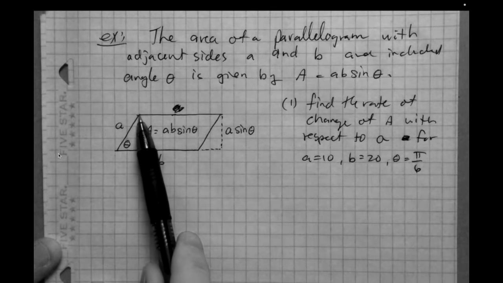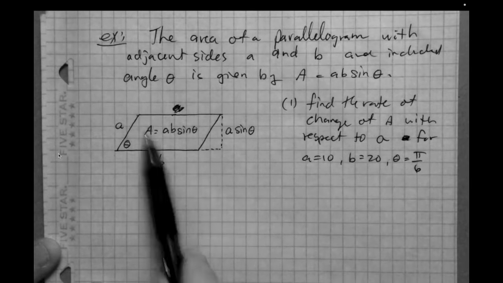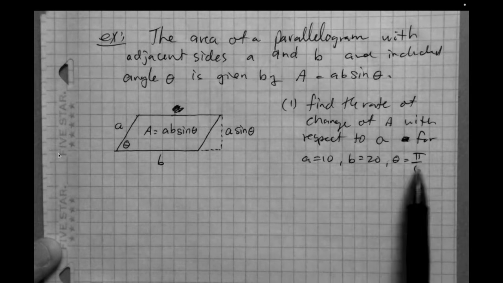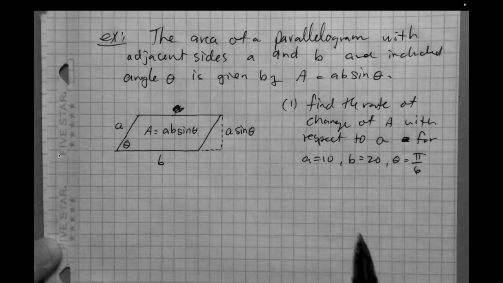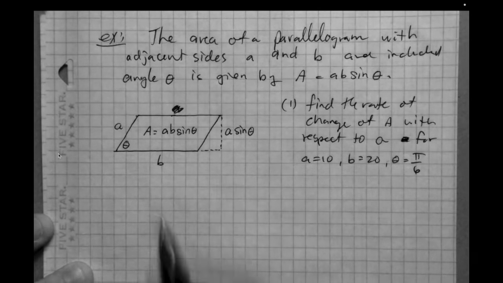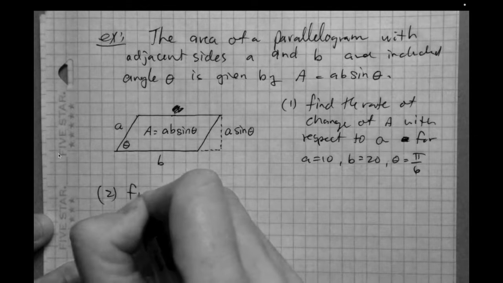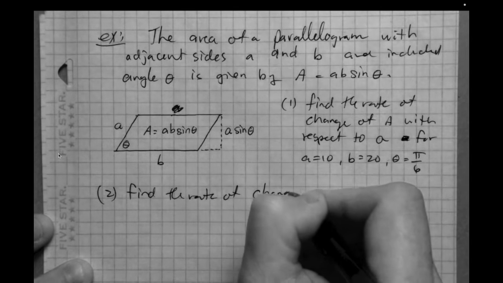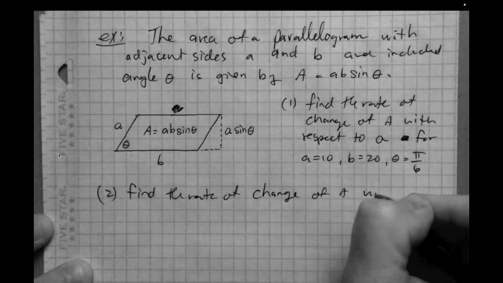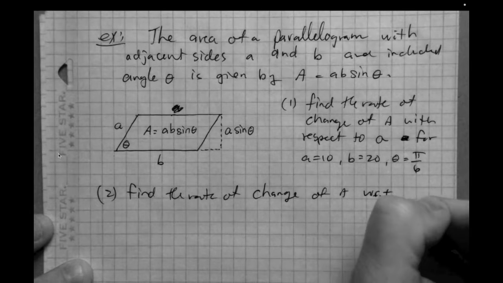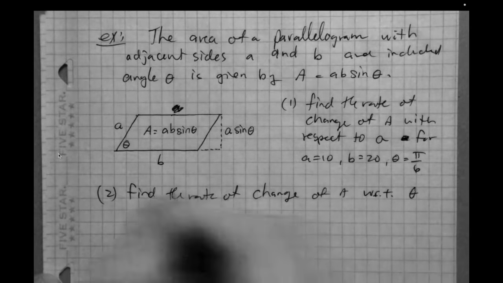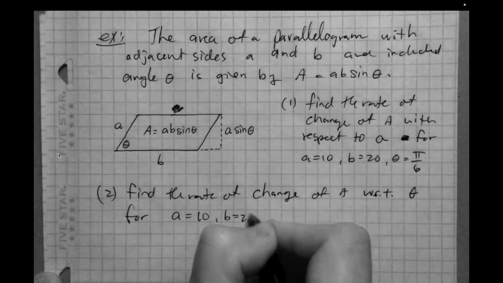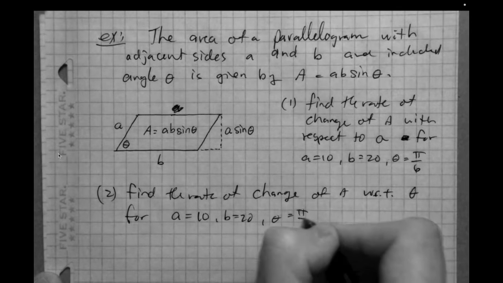Right, so if this side is a little bit smaller, how much does it impact the overall area? And specifically at these values. Okay, that's the first one, and then we'll do one very similar. Let's find the rate of change of A with respect to theta for the same values: a equals 10, b equals 20, theta equals pi over 6.